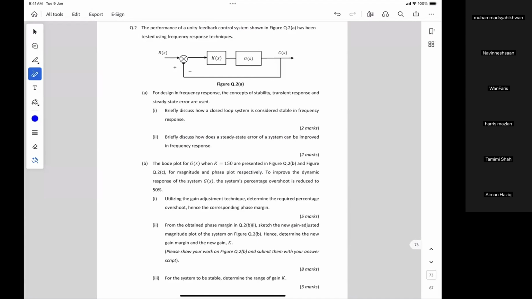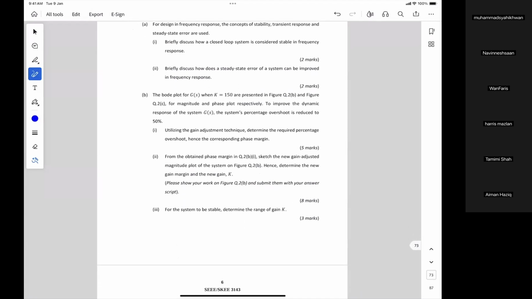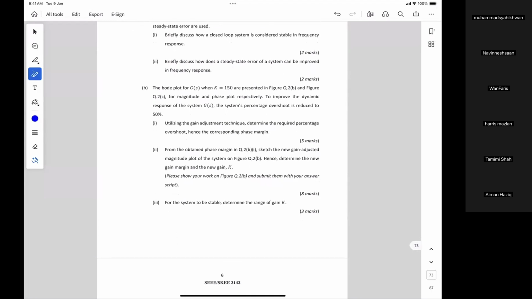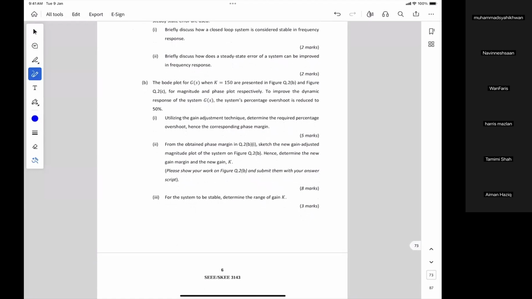To improve the dynamic response of the system G(s), the system's percentage overshoot is reduced to 50%. Utilizing the gain adjustment technique, determine the required percentage overshoot, hence the corresponding phase margin.